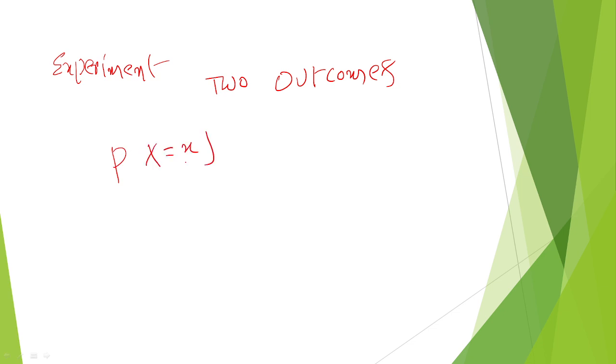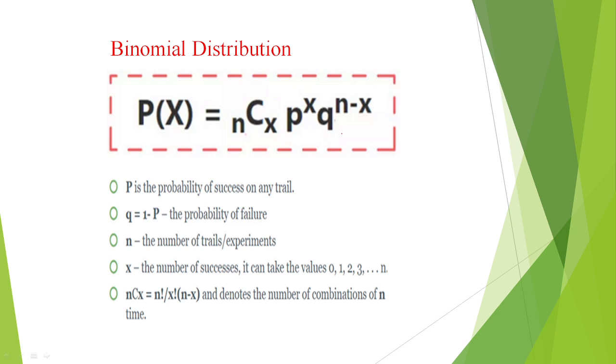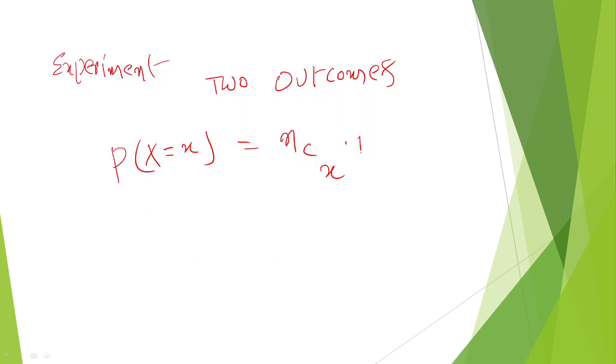The required probability P of X equal to x is equal to nCx multiplied with p power x, q power n minus x.